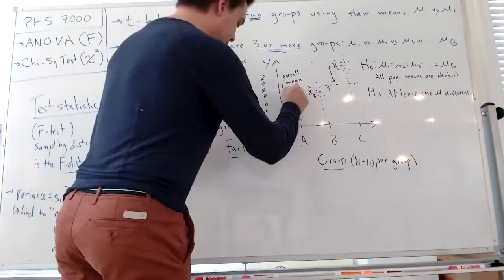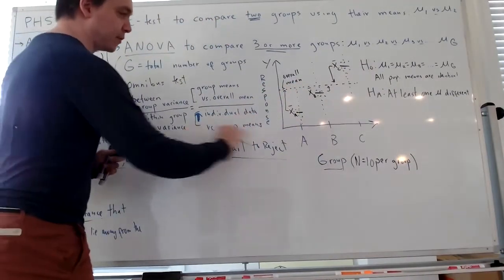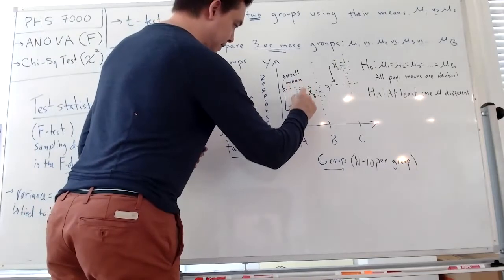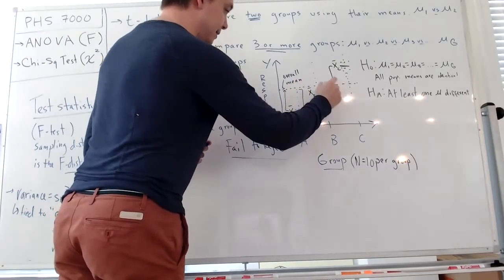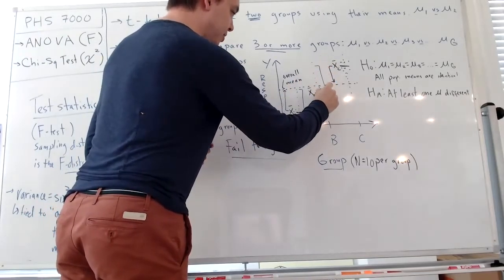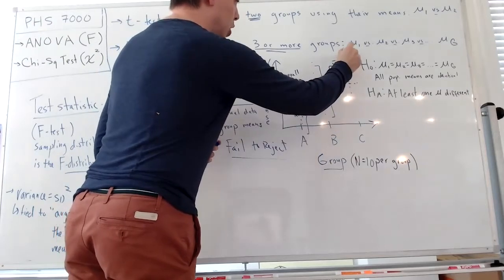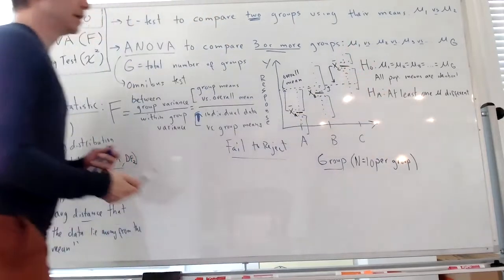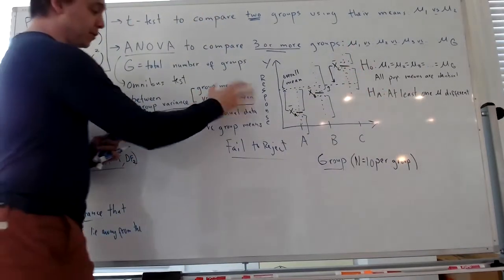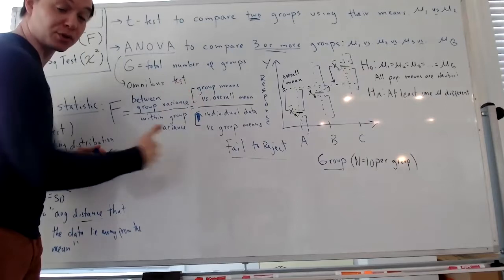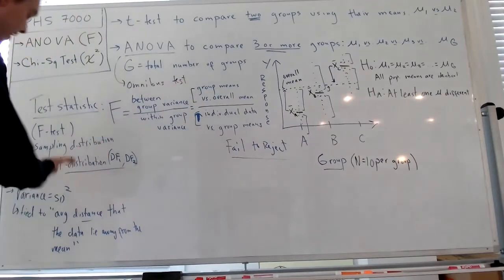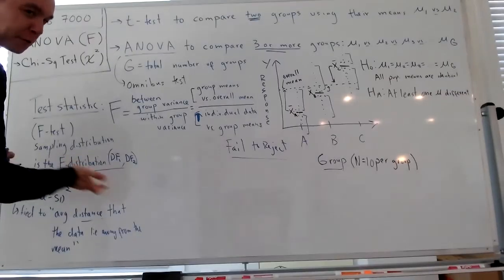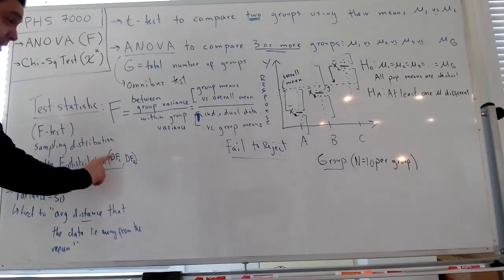And so now my individual data versus the group mean is something like this, the average distance of the data to my mean. And so this ratio is now far closer to 1. You end up rejecting for something like 3 or 4 over here, but it depends on your degrees of freedom.